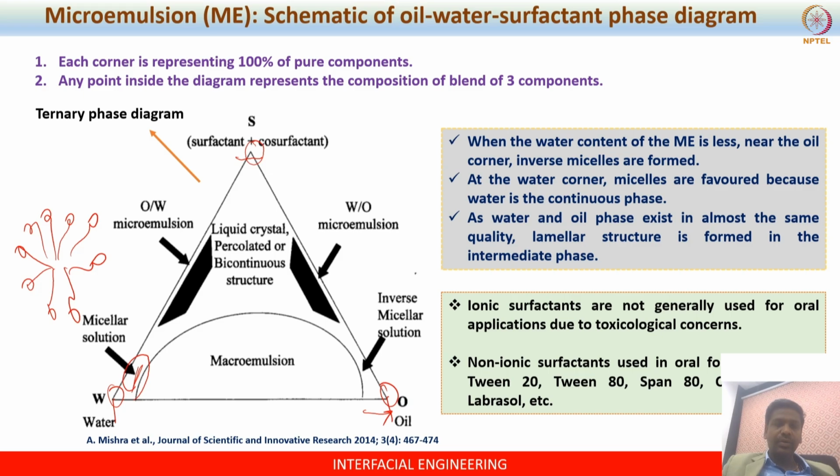In such a scenario, you will most likely get reverse micelles, because oil is a continuous medium in this case. The surfactant, which contains a head group and a tail group, the head group would want to minimize its contact with oil, so they will automatically self-assemble to form a structure like this, right? So this is called reverse micelles.